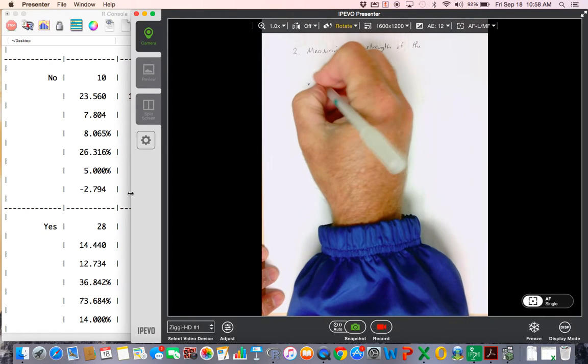Now, the most straightforward way that I know to measure the strength of the relationship is just to compare proportions.